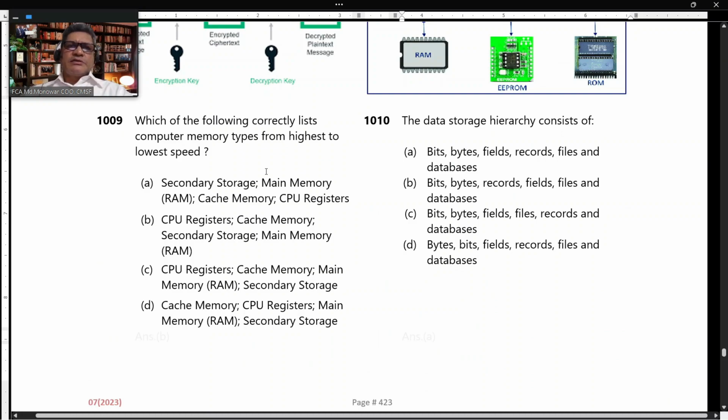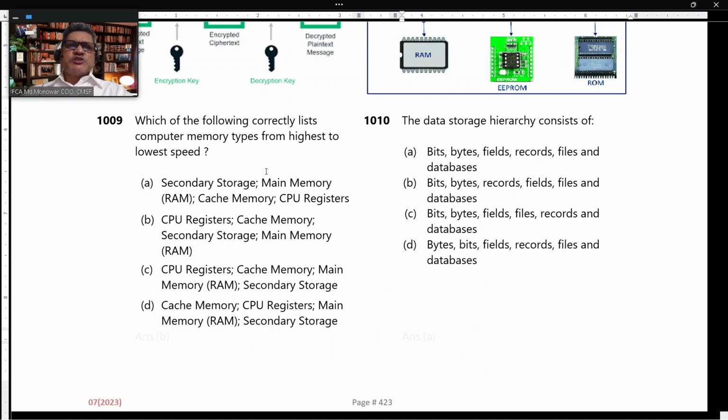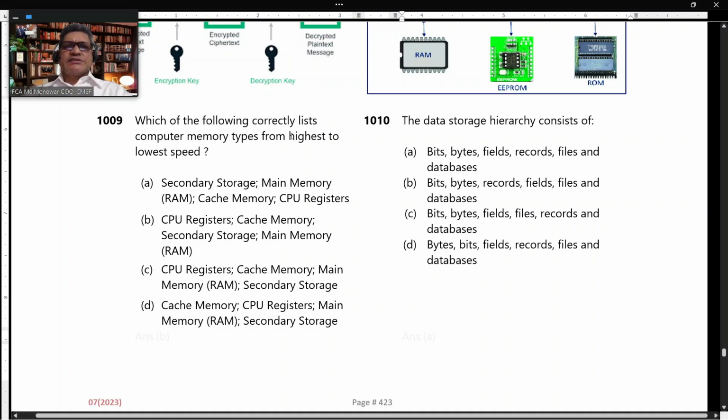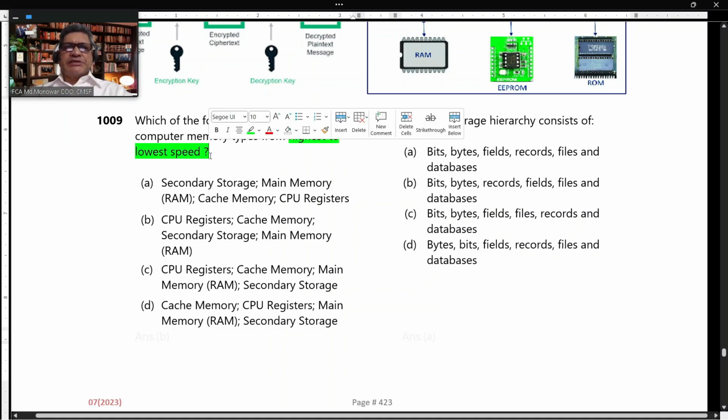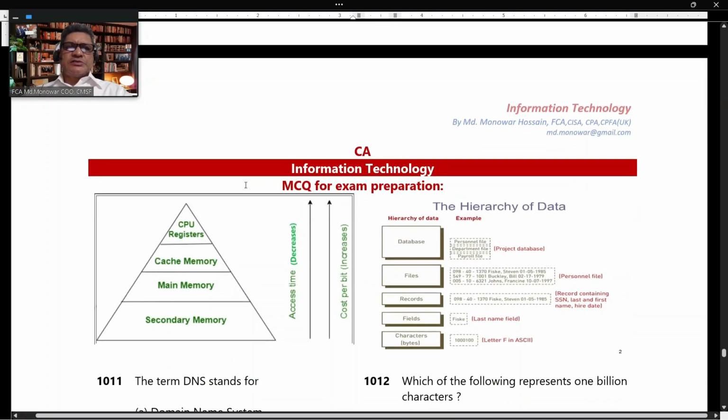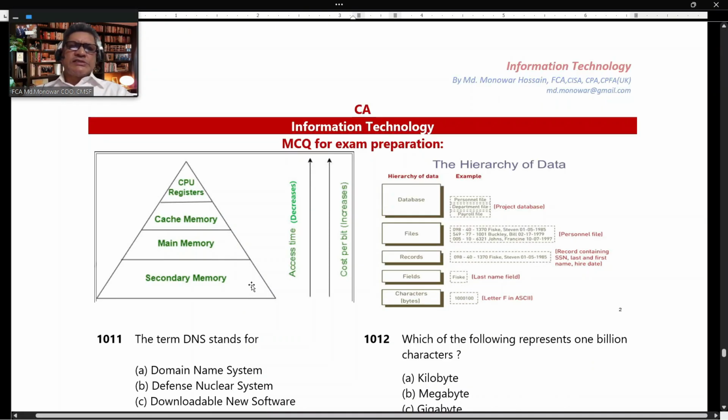Which of the following correctly lists computer memory types from highest to lowest speed? If we see the picture, it starts from secondary memory, then main memory, cache memory, then CPU register. Lower is secondary memory, and higher is CPU register.